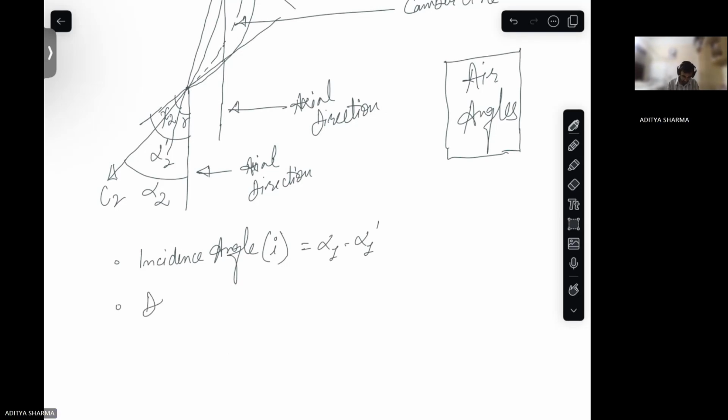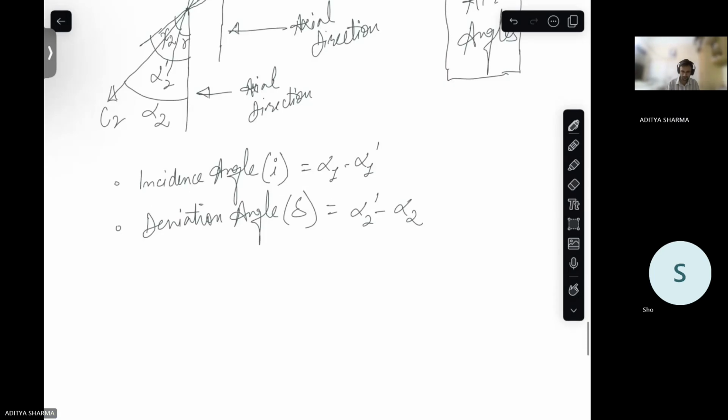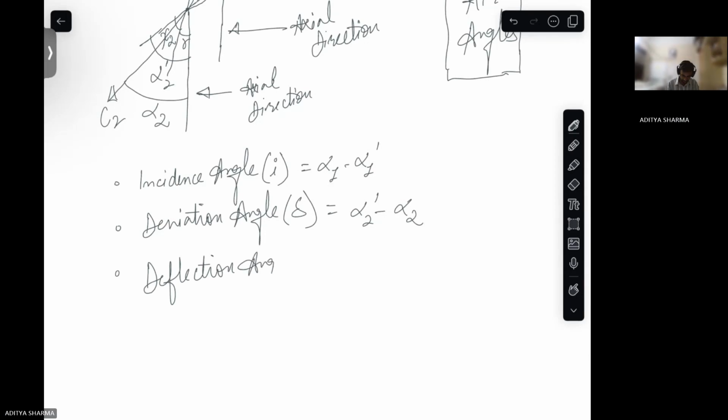Then is deviation angle delta, which is alpha 2 dash minus alpha 2. Then is your deflection angle, epsilon, which is alpha 1 plus alpha 2.